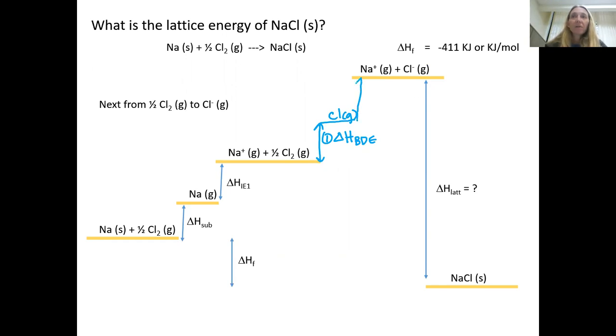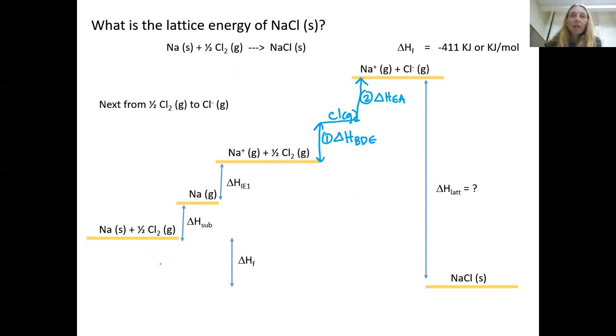The next step with my chlorine is I need to add an electron to go from chlorine gas to chloride minus. When I add that electron, it's the delta H of the electron affinity. Now I've actually completed my whole entire cycle.